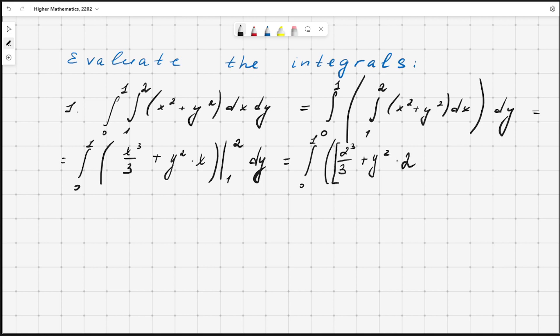It is the upper limit, then minus lower limit. Substitute x is 1 here and x is 1 here. We have 1 cubed over 3 plus y squared times 1, with respect to y.